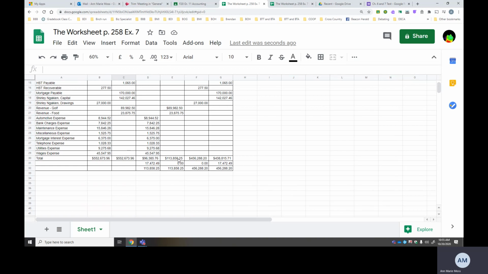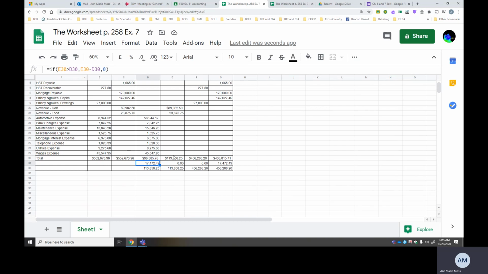So if we have a profit, it'll go in here because our revenues are greater than our expenses. And if we have a loss, that would mean that our revenues are less than our expenses. So our balancing figure would go in here. And so when you look at our if statements, they will confirm that.